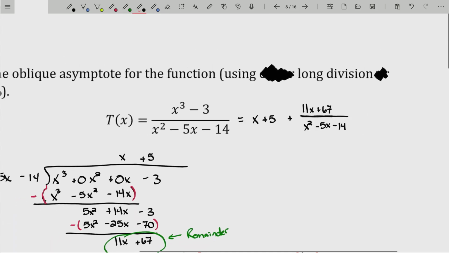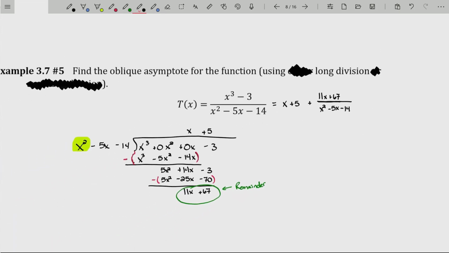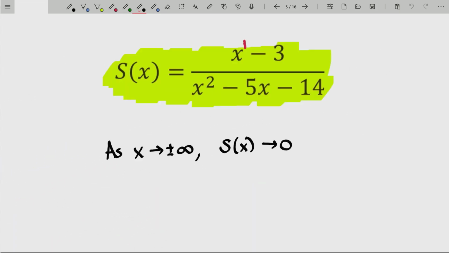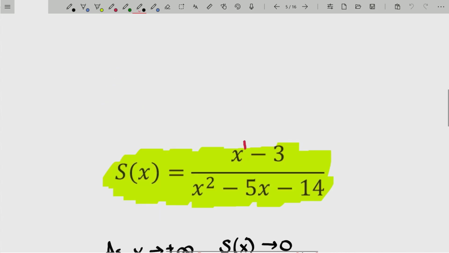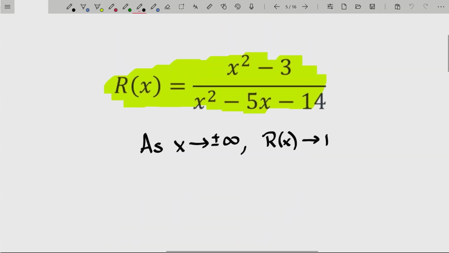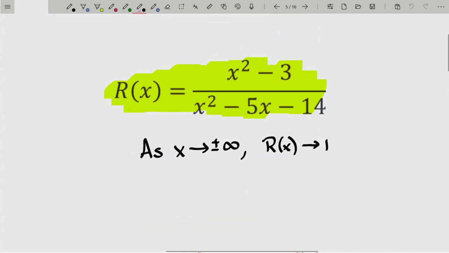Now, I'm going to draw your attention back to a previous example very quickly. This guy right here. Notice that the difference between this and the one above it was the power in the numerator.